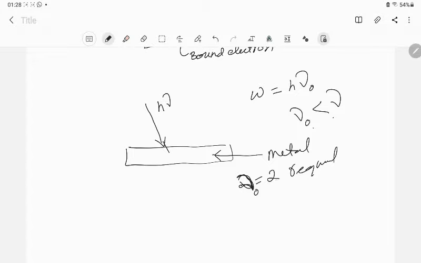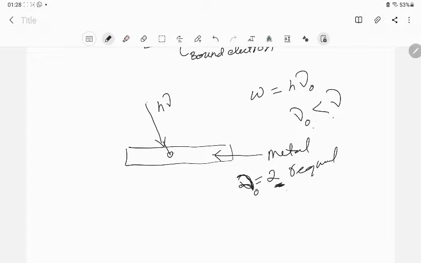So we have to pass a light whose frequency must be greater than 2. If it is less than 2, then we cannot eject an electron from this surface.